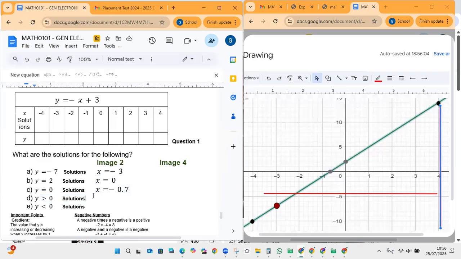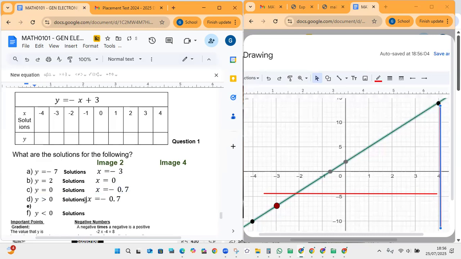And that's how you write a between. X is less than or equal to 4 and x is greater than or equal to negative 0.7.